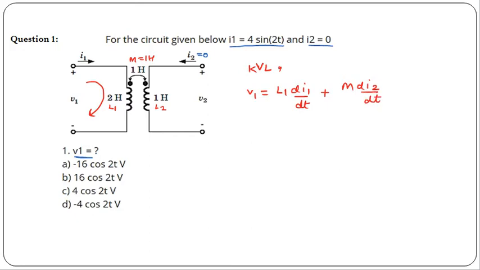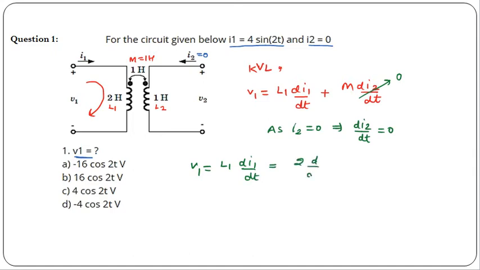As given in the question, I2 value is 0. As I2 current is 0, its derivative d of I2 by dt will also be equal to 0. So we get V1 equal to L1 into d of I1 by dt. L1 is given, that is 2 Henry, and I1 current is 4 into sine of 2t.